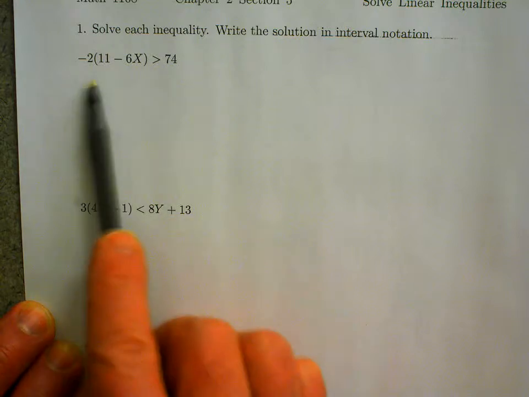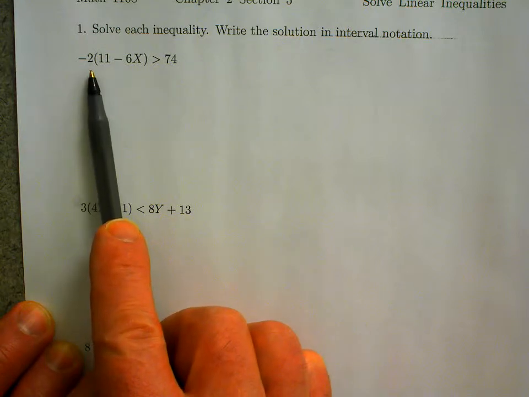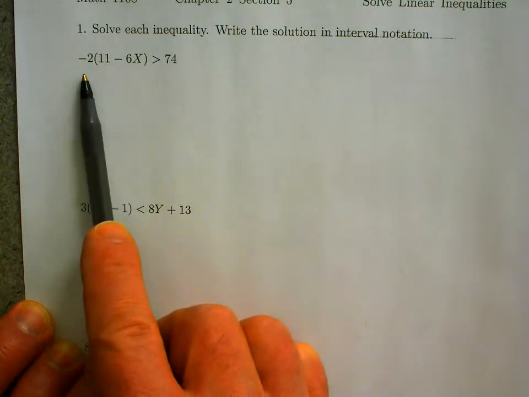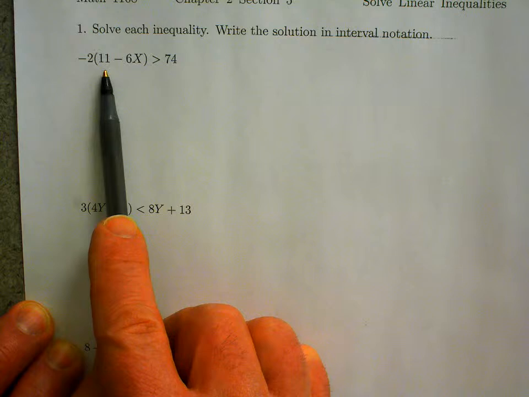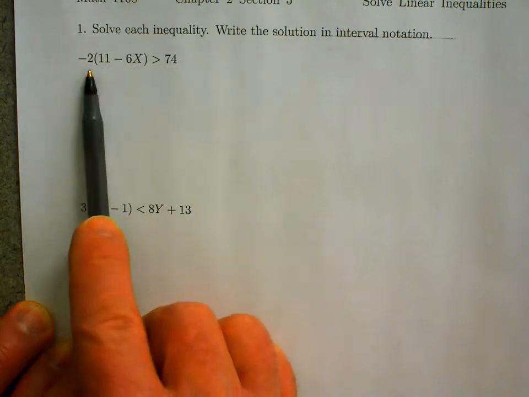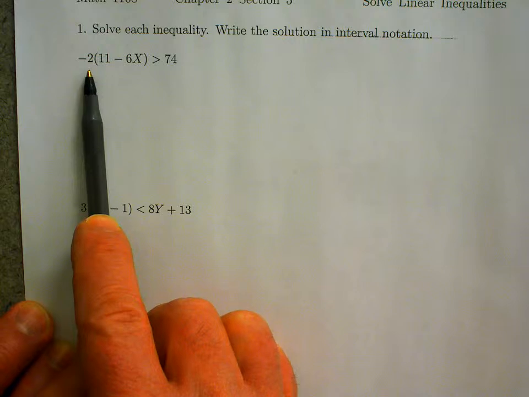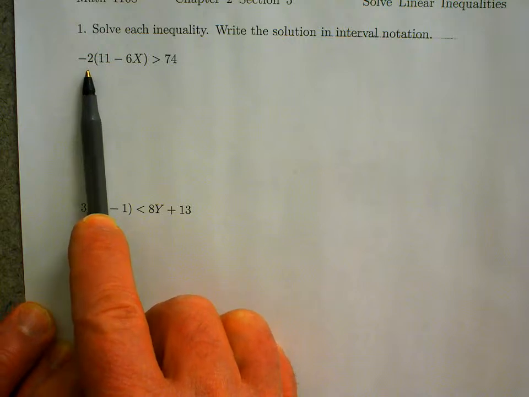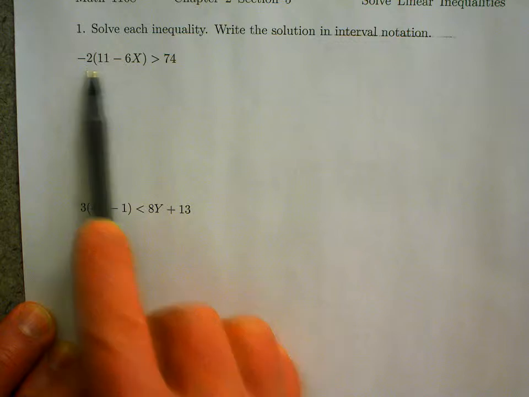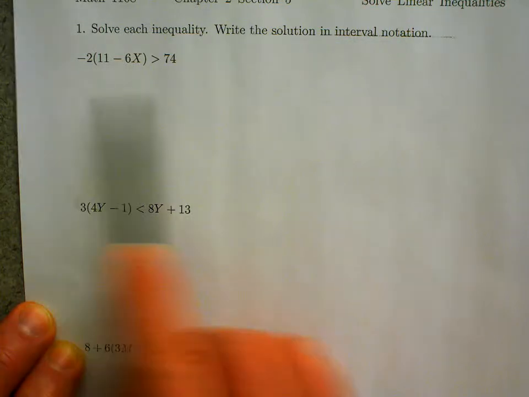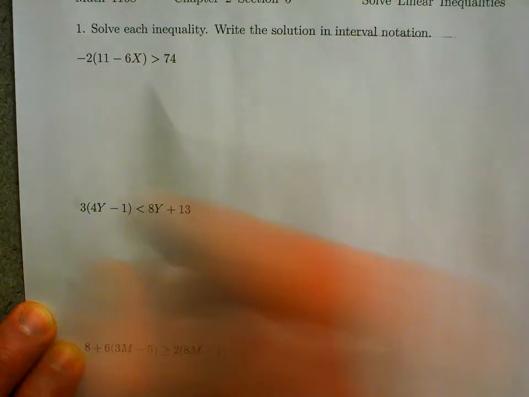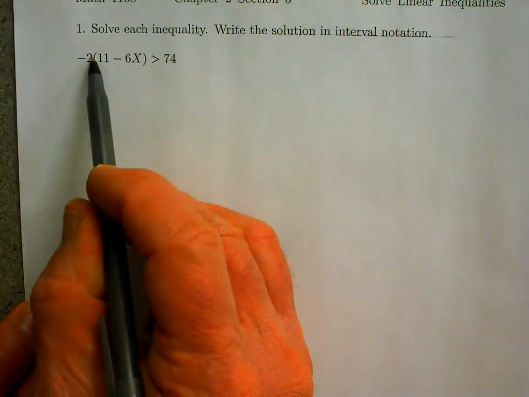Well, on this first one, one way to start this, since we have -2 times the quantity 11 minus 6x is greater than 74, so -2 is a numerical factor on the left-hand side. We can start by dividing both sides by -2. It's not the only way to do it, but we can. So let's try it that way.